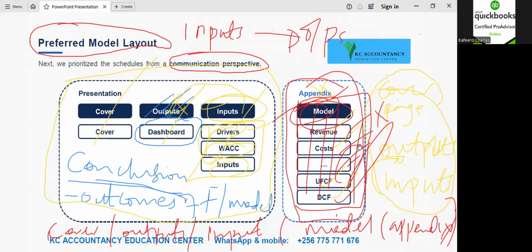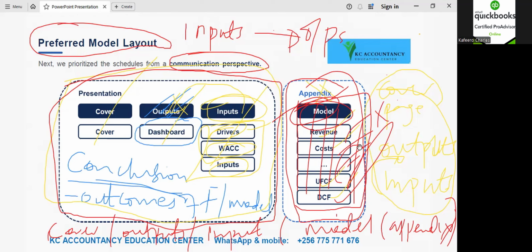But the audience is going to concentrate on this left-hand side alone. What the audience wants to understand is the inputs, the outputs, and how we have come to a conclusion.